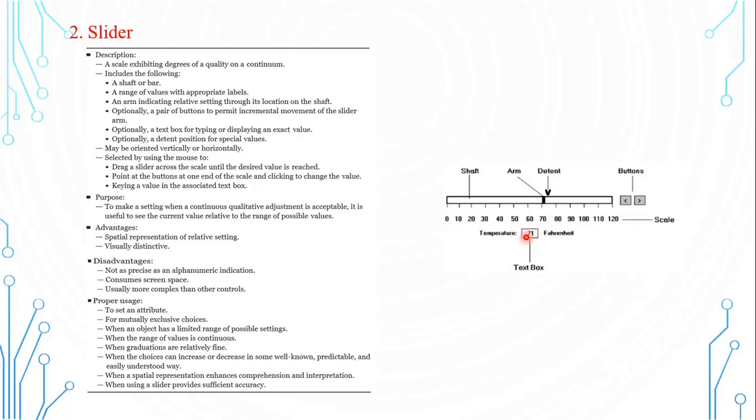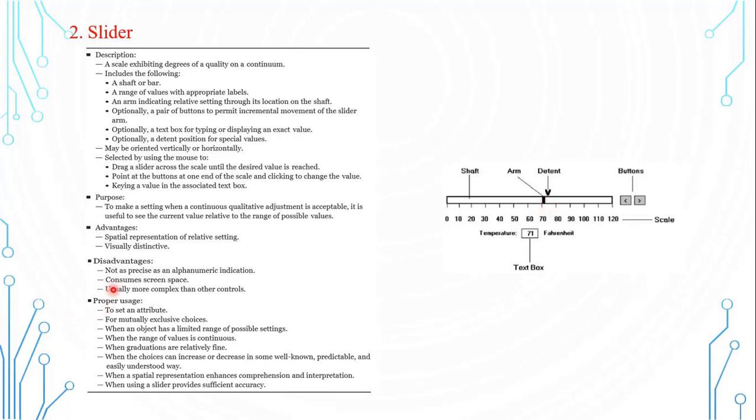Suppose you want to use exactly the value 71, for example. If you want to show 71 on the slider, it may be difficult for the user to place the arm exactly on that value. But if you are entering it through the text box, the arm will automatically be placed on the value 71.